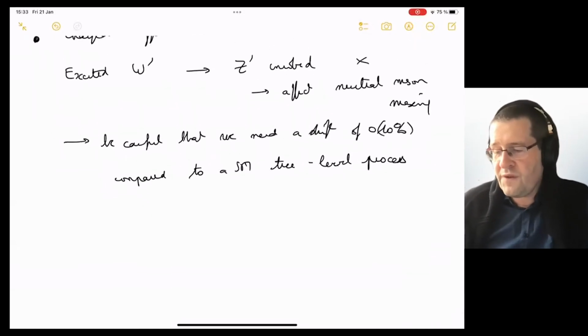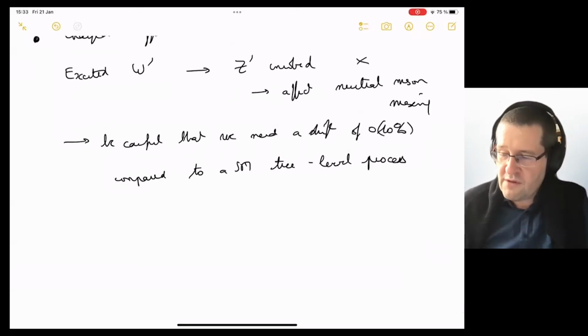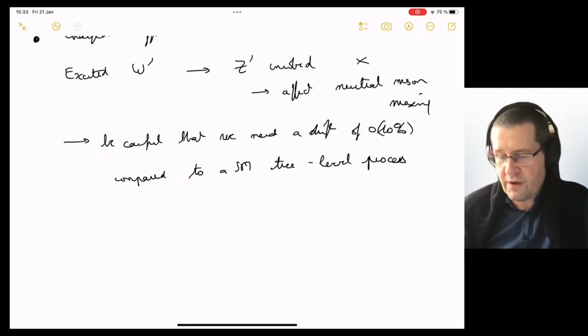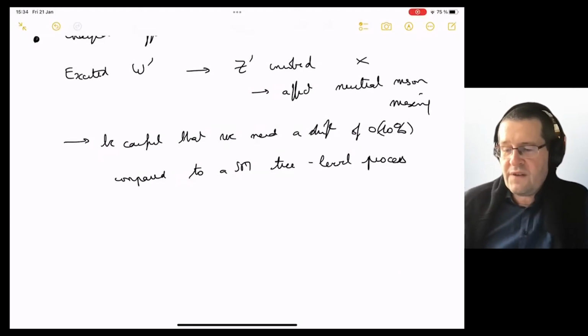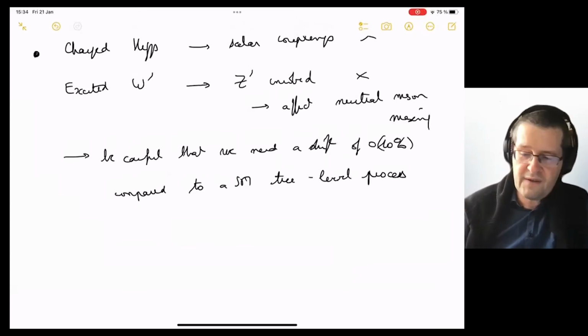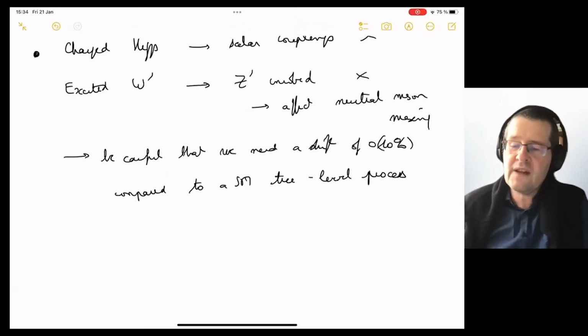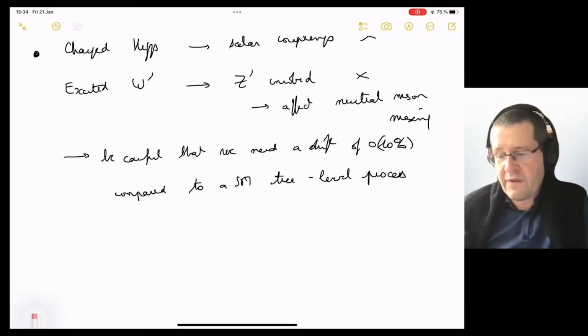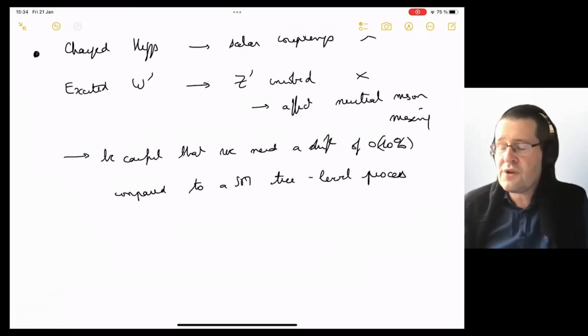And if you start saying that you need a coupling of your new degree of freedom which is quite large, or a mass which is quite low, this is fine, and you can imagine doing it. But then when you say, oh, but I've got a W prime with this large coupling or this low mass, that means that the Z prime associated with that will also have such a large coupling or low mass.